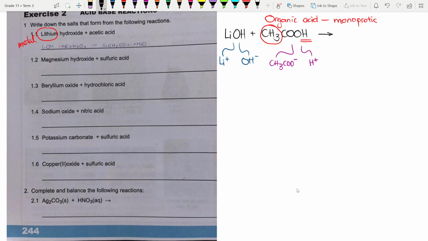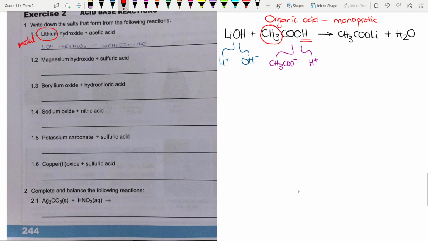Then the products are going to be, the negative and the positive are going to attract, so you're going to have CH3COO lithium plus water when I mix H plus and OH minus. That makes sense, right? Yes.